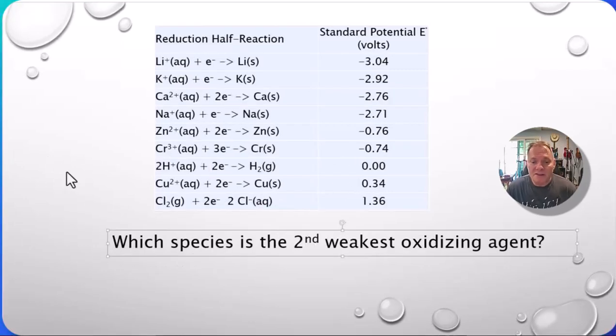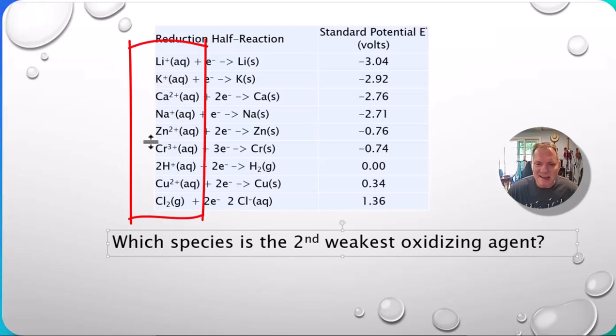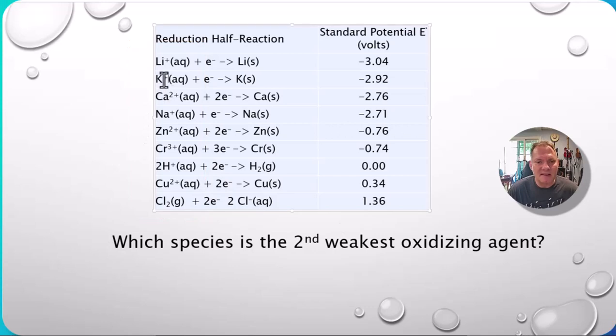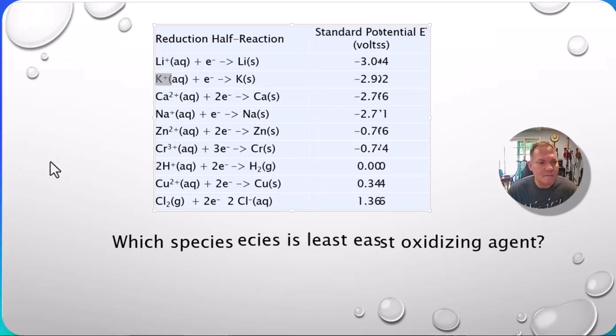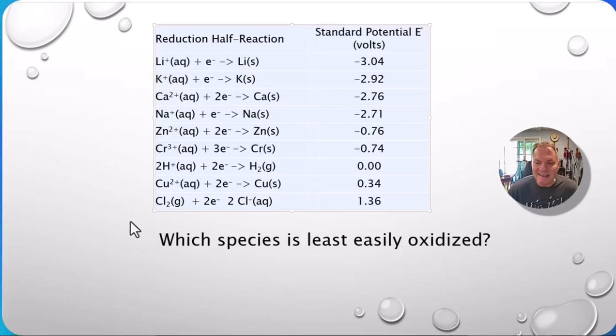Next question, which species is the second weakest oxidizing agent? Oxidizing agents undergo reduction, so my choice is over on this left side. The second weakest would have the second lowest voltage, so I'm guessing the potassium ion is the second weakest of the oxidizing agents in this list. Okay, which species here is least easily oxidized? It would have the lowest potential for oxidation. Oxidation is right to left. I'm flipping the signs in my head.